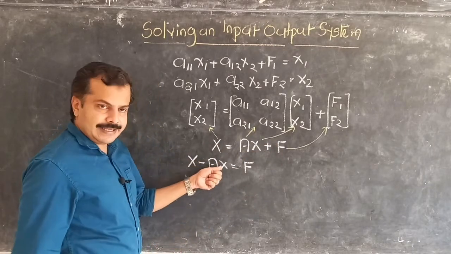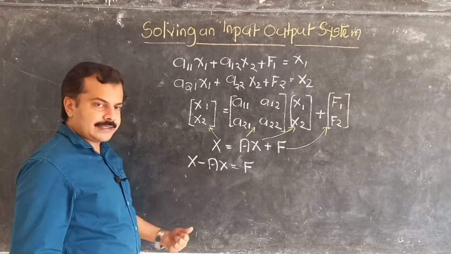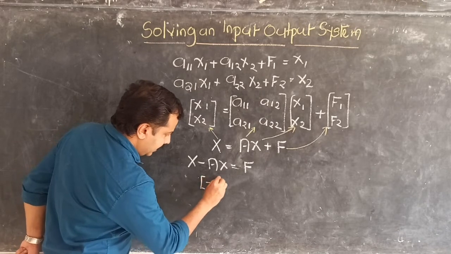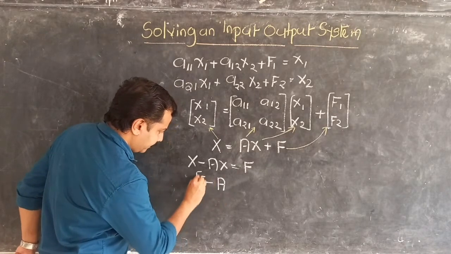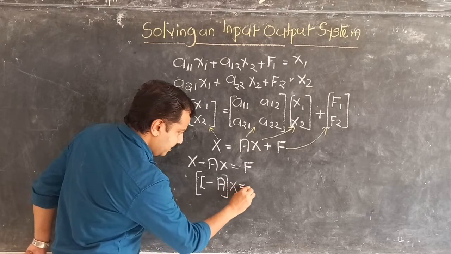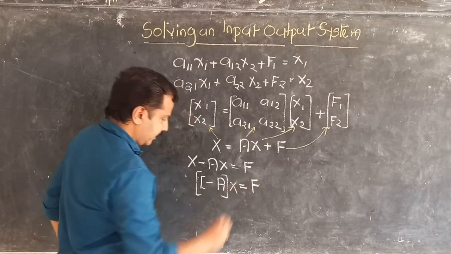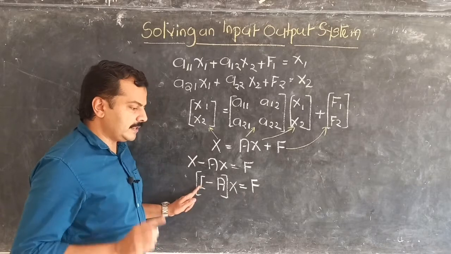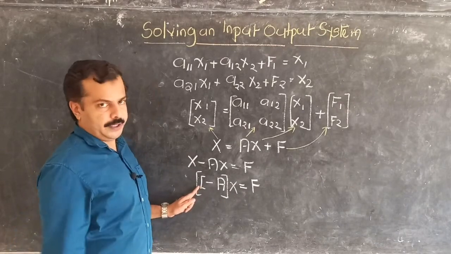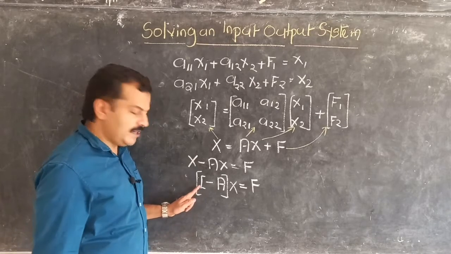Since X is common, we can take X as a common item. So we will have the equation (I minus A), which will be a matrix, into X equals F, where I is the identity matrix of the same order. You have already seen the identity matrix, right?